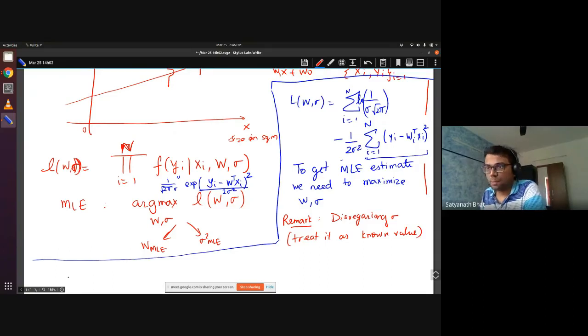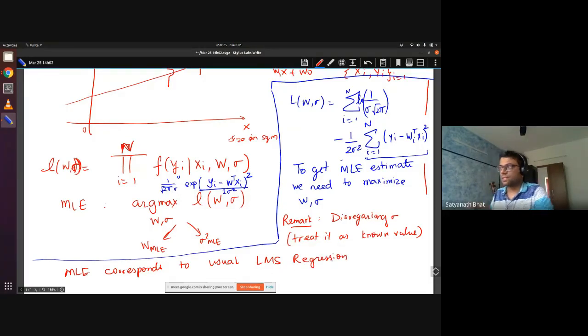the MLE, maximum likelihood estimator, corresponds to your usual LMS, least mean square regression. Isn't that a nice way in which things are coming together?